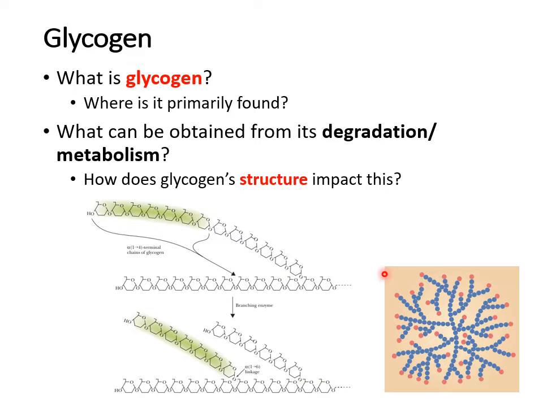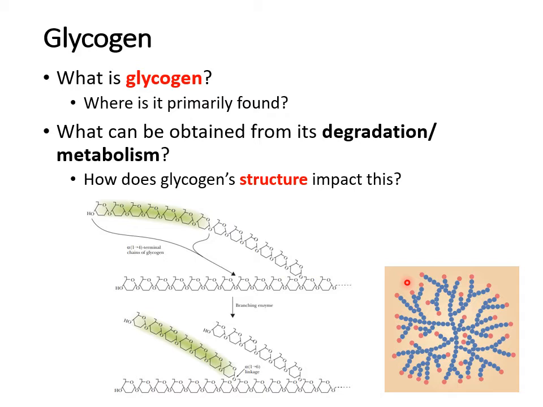Poly meaning many, saccharides linked together, and each of the little circles here represents an individual monosaccharide. It's a big branched collection of monomers that makes up this big polysaccharide.